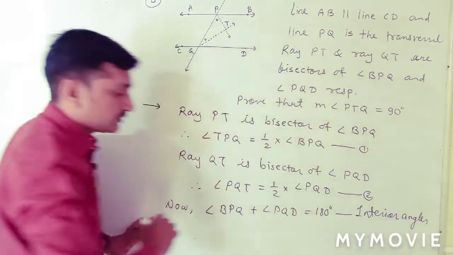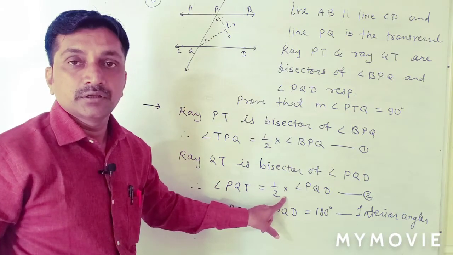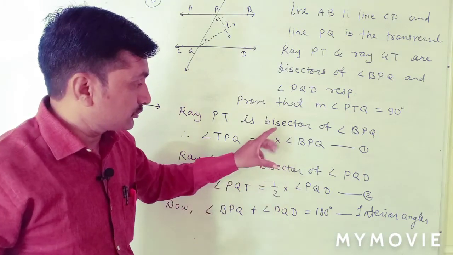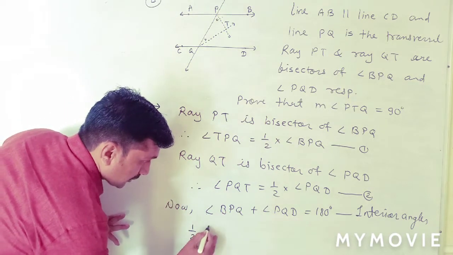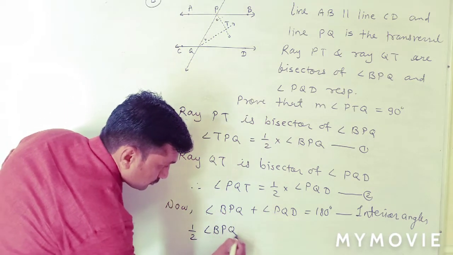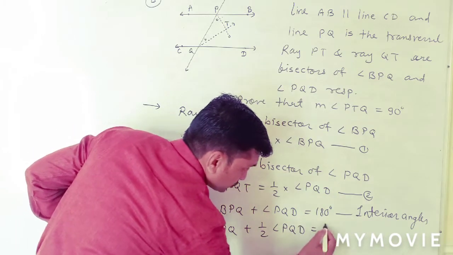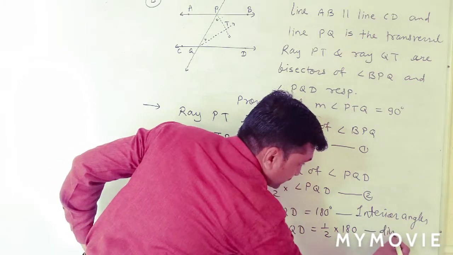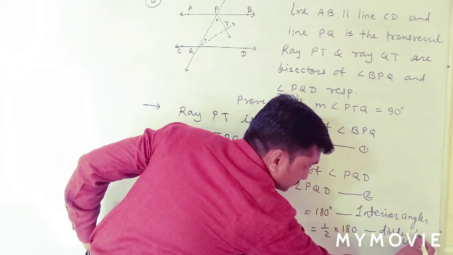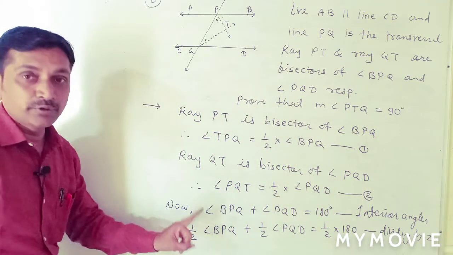These are interior angles, but we want half of them, so divide by 2. Then half angle BPQ plus half angle PQD is equal to half into 180.